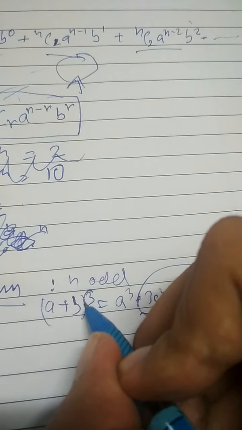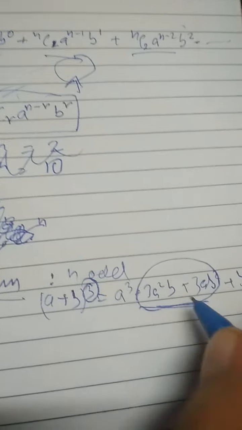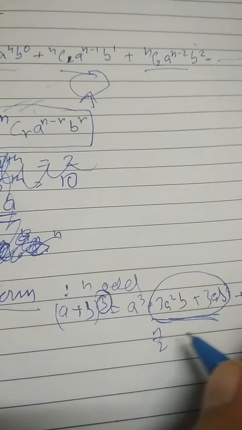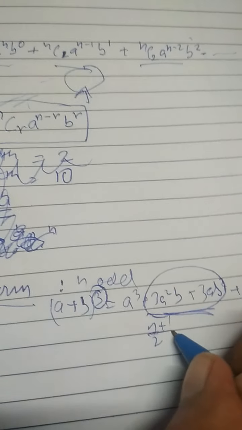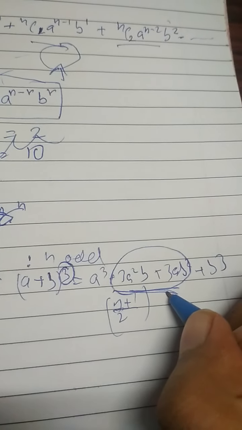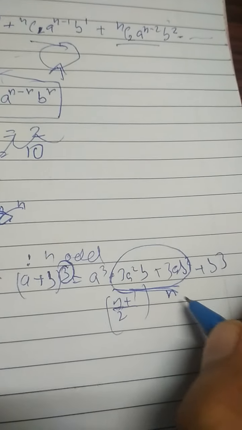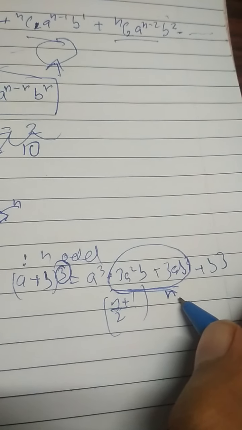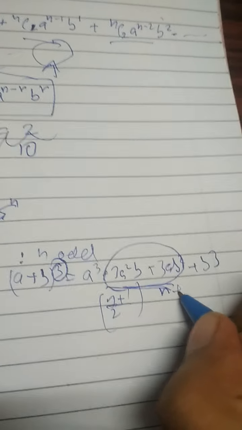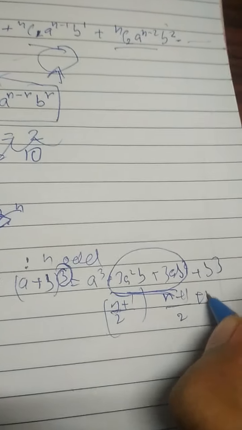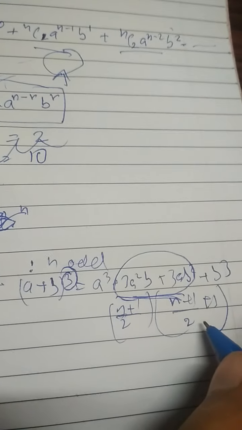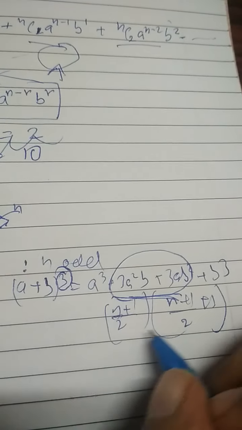If n is odd, then we will have 2 middle terms, and the middle terms will be the (n+1)/2 th term and the ((n+1)/2 + 1) th term. This will be the middle term.